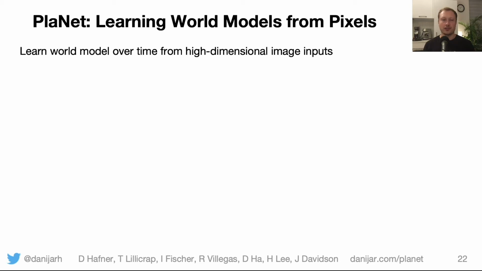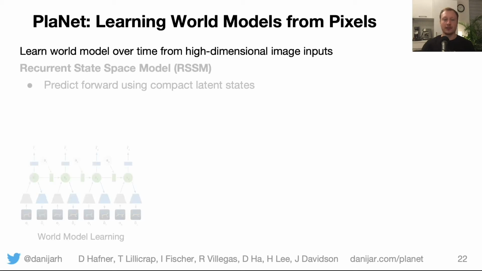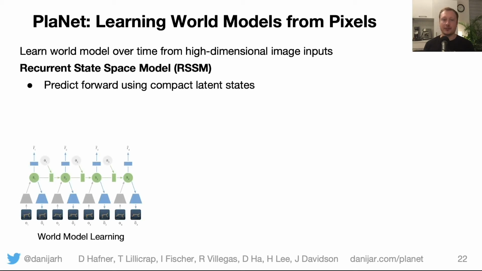To learn world models in complex environments, we designed the Planet agent. Planet learns a world model from high-dimensional pixel inputs using a recurrent state space model, or RSSM, that predicts forward using a compact latent space.